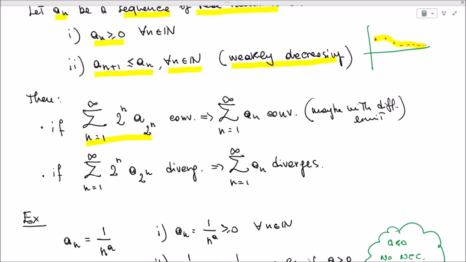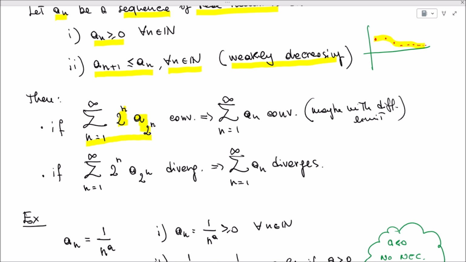In other words, we are now building a new sequence that is the original sequence evaluated only with indices which are powers of 2. And we multiply this sequence by 2 to the n. And we study this sequence because for some reason this turns out to be easier for us.